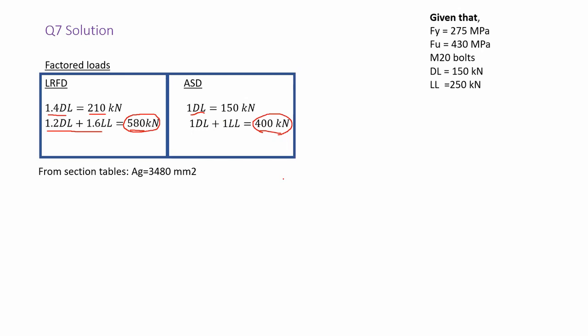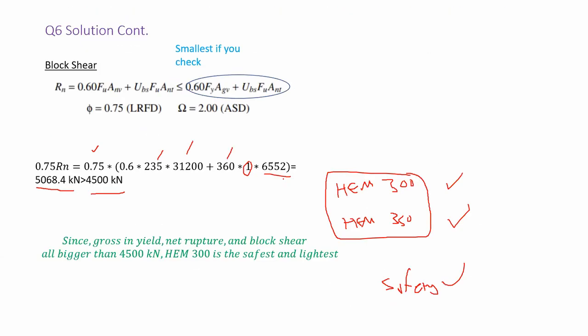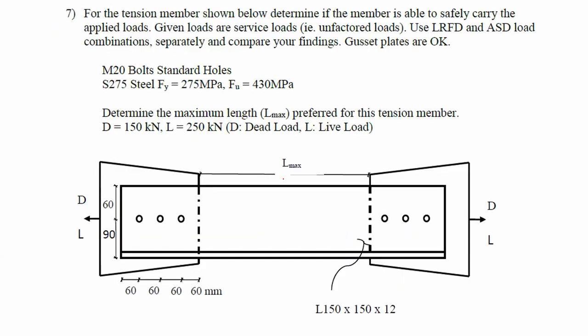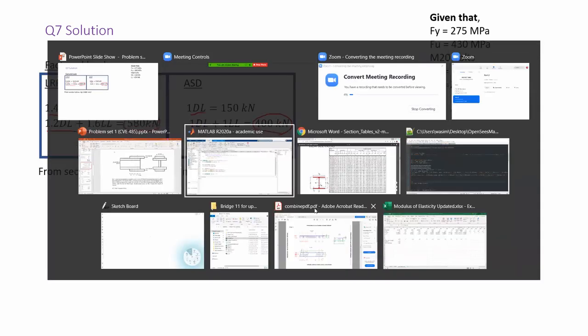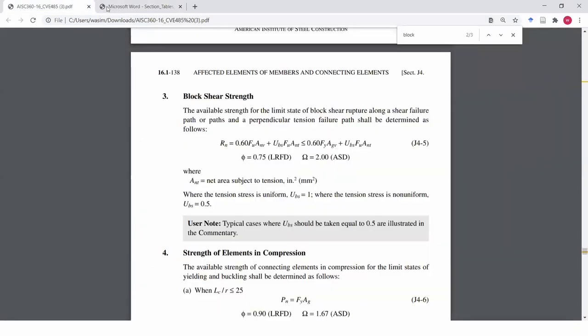Now from the section tables, the gross area for the L section given to us, 150 by 150 by 12. Let's take a look.